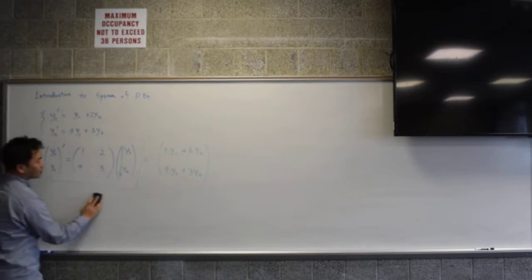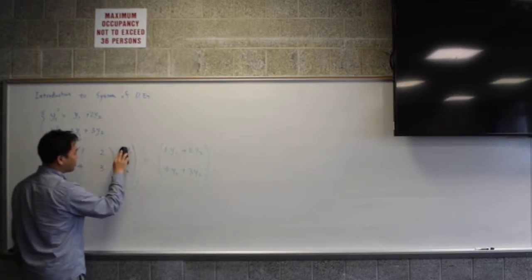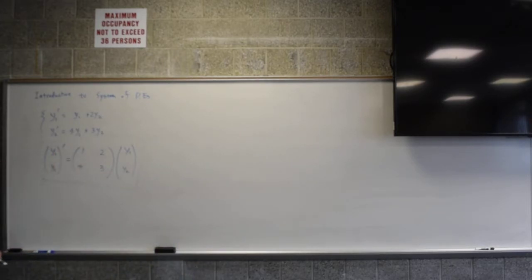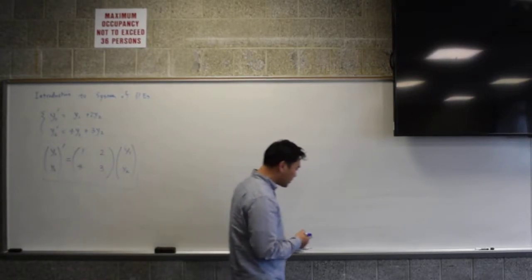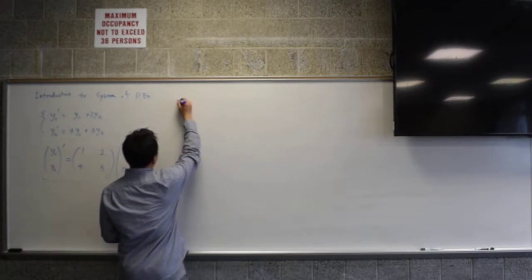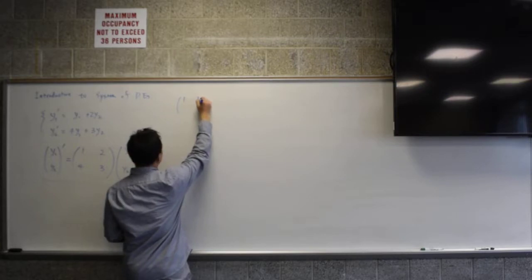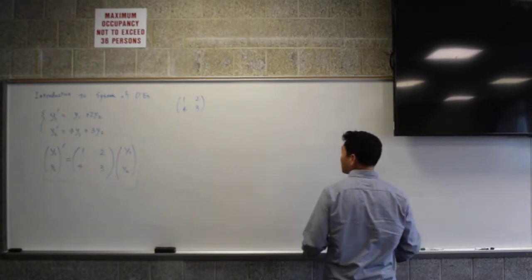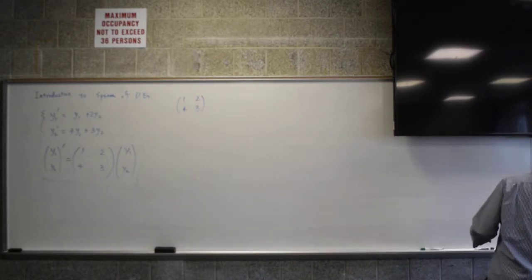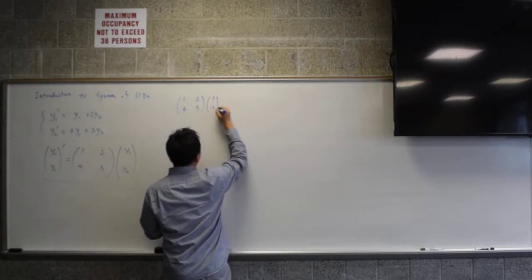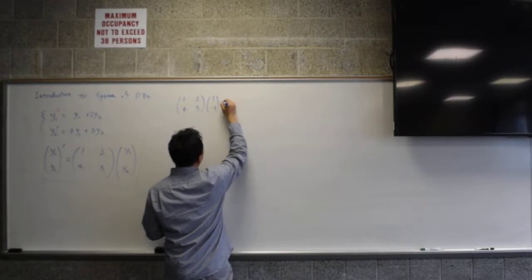I'm going to tell you something very interesting about this coefficient matrix 1, 2, 4, 3. It satisfies the following property. I had to figure this out beforehand, but if I multiply this matrix by the vector 1 and negative 1, let's compute what we get.